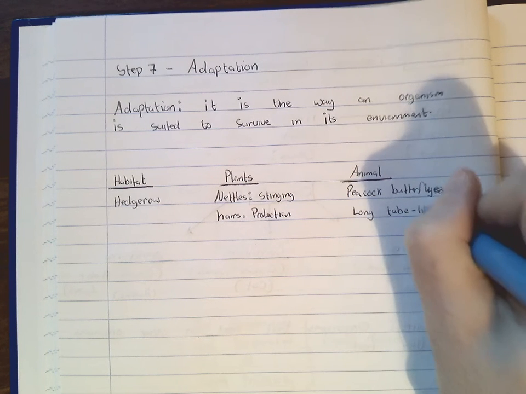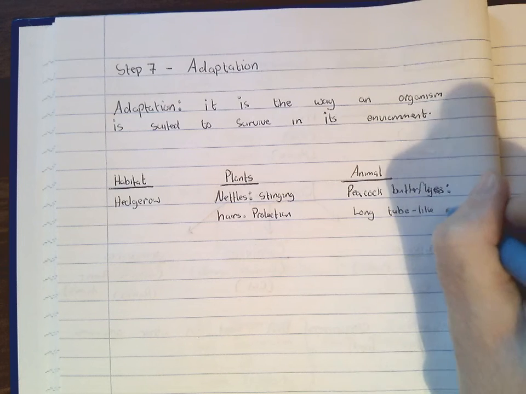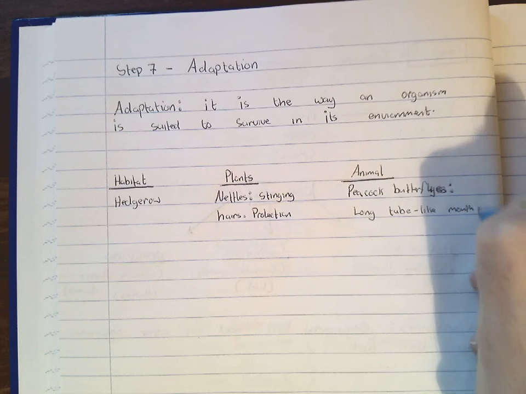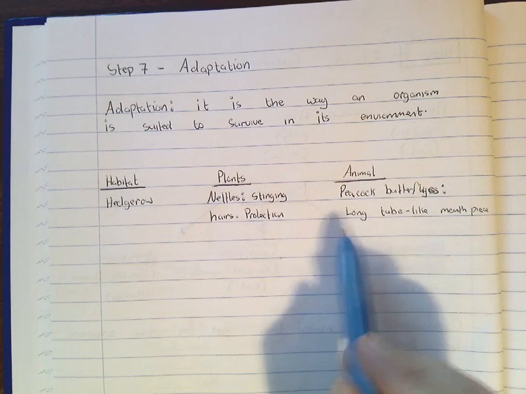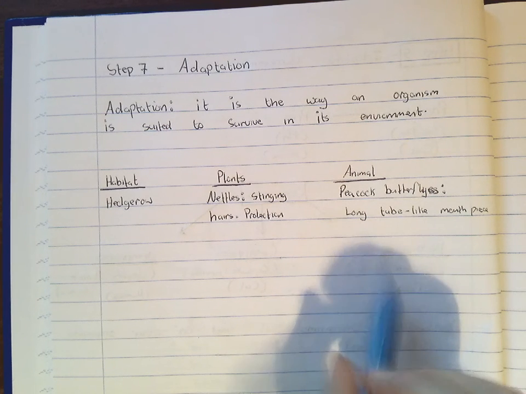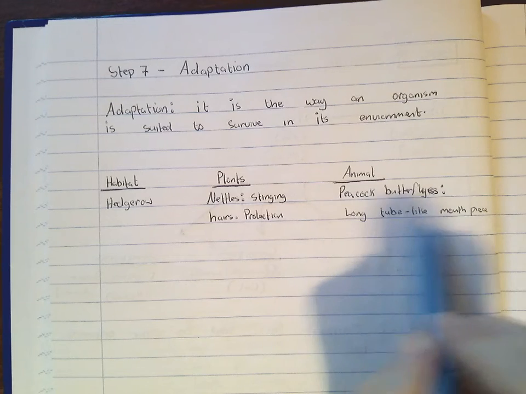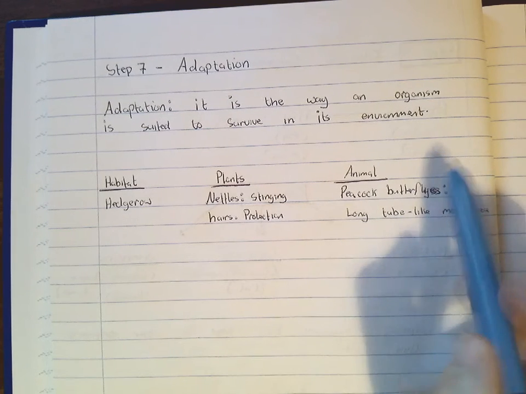So they have these long tube-like mouthpieces, and this basically enables them to get access to nectar. So the long tubular mouthpiece would be an example of an adaptation.